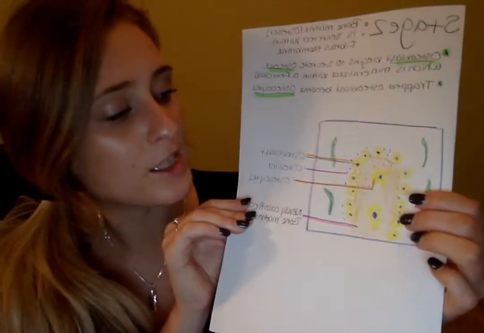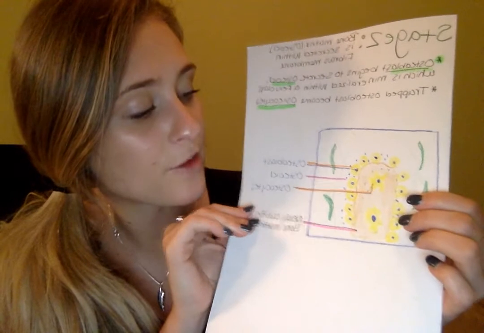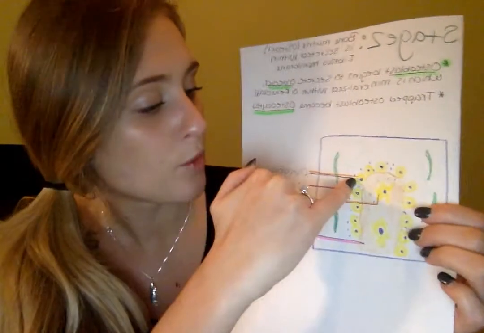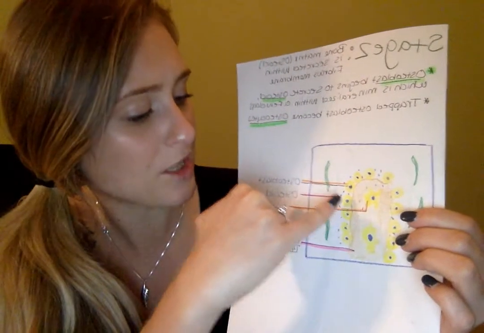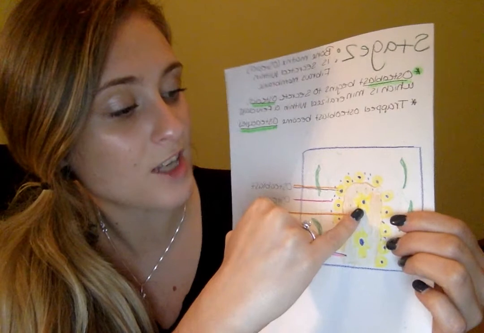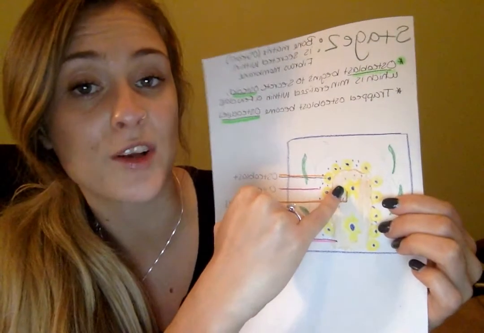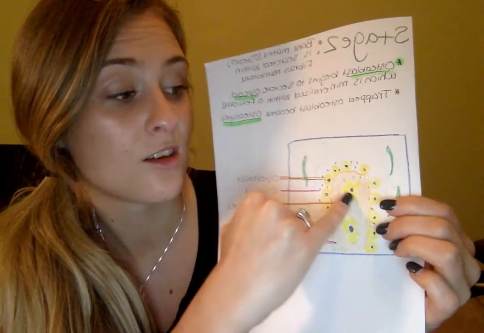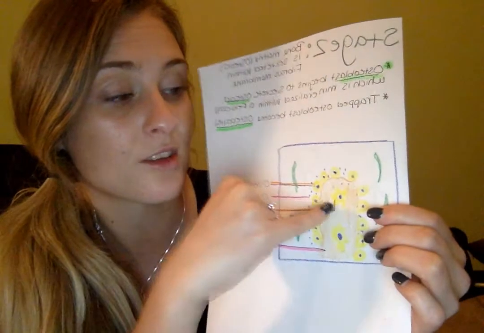If we look at the image here, we see something familiar from the first stage: we have the blue, which is the osteoblasts, the secreted osteoids right here, and then we have the trapped osteoblasts, which are now osteocytes. These are the trapped ones in the center.